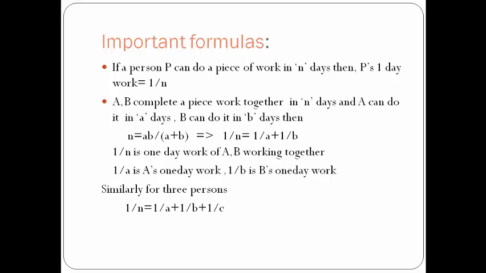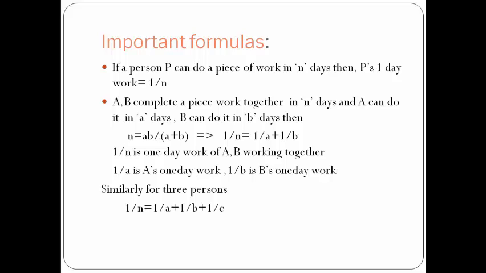Here 1 by n is the 1 day work of A, B working together, and 1 by A is A's 1 day work, and 1 by B is B's 1 day work. That means if A, B work together in 5 days, then 1 by n is nothing but 1 by 5.